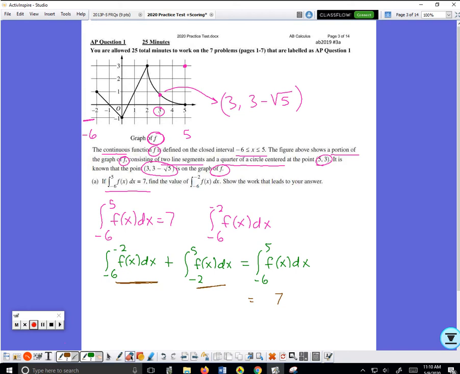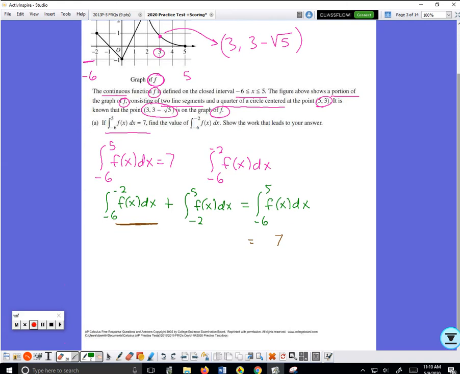I'm going to do that now. So I write on my paper the integral from -2 to 5 of f, and this is something we have practiced heavily on the practice tests.